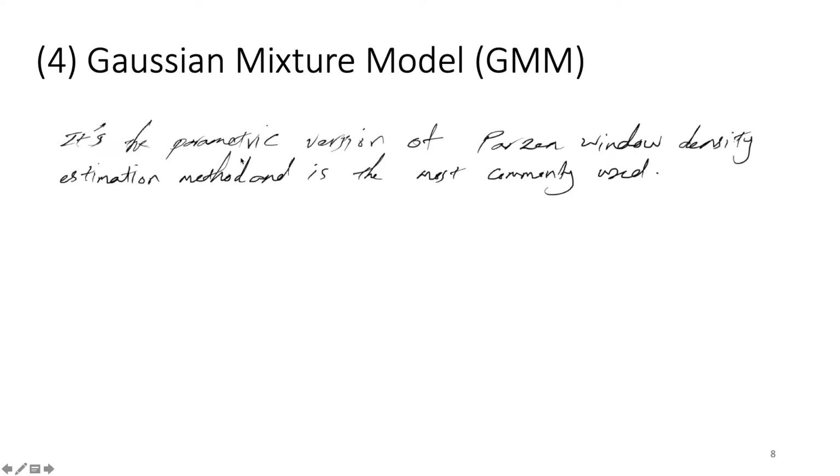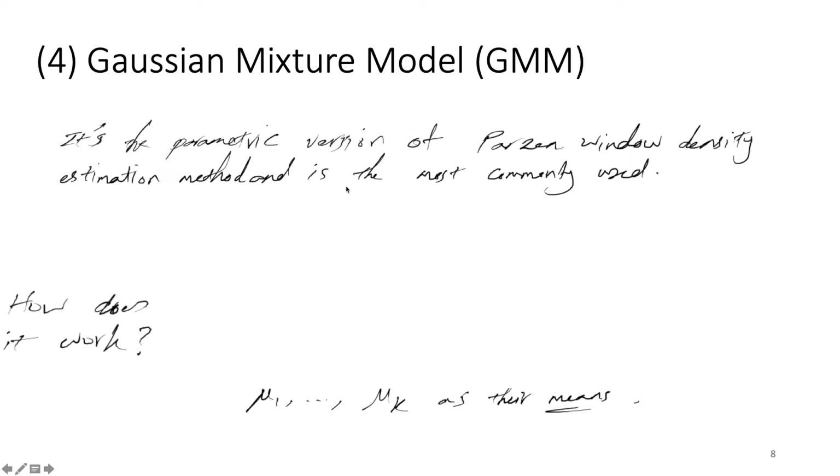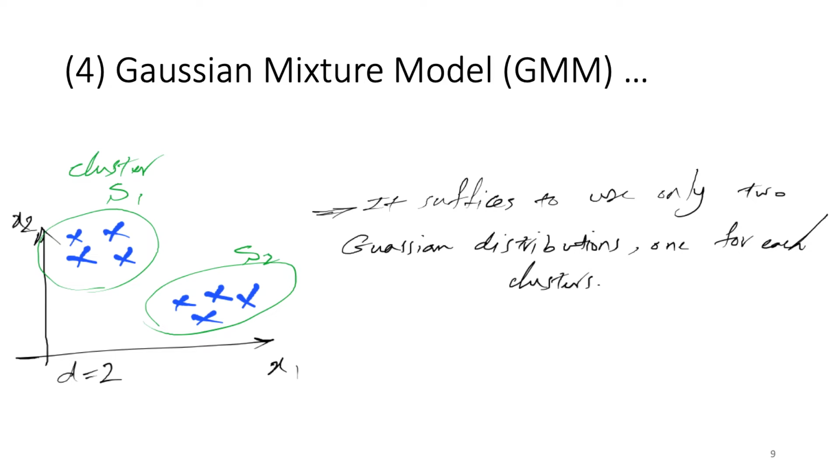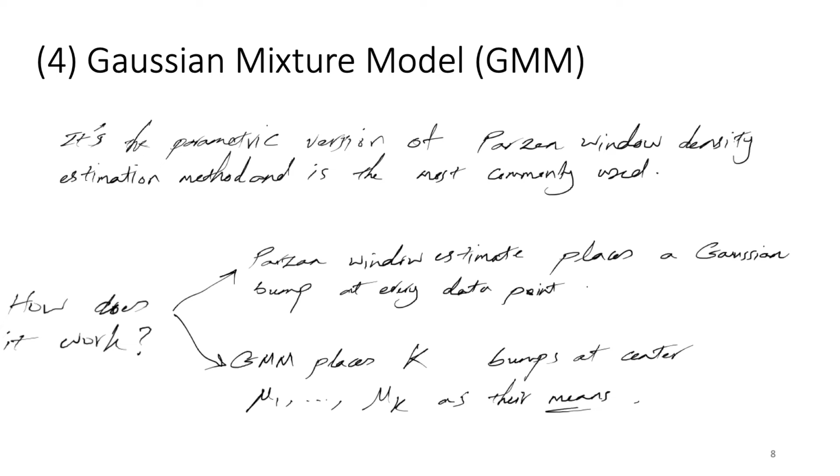GMM, we call it a parametric version of Parzen. So in Parzen window estimation, we place a Gaussian bump at every data point. But in GMM, we place k of those, k bumps, at the centers of your means.